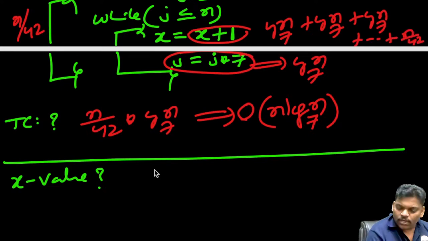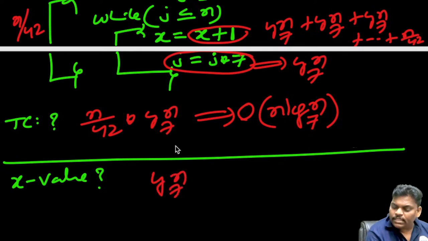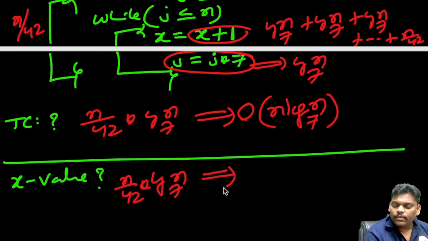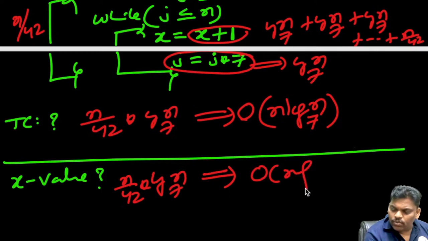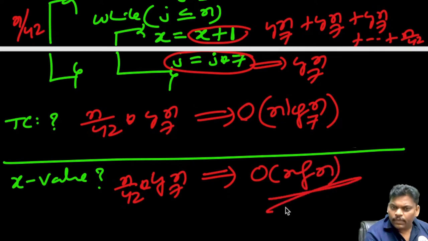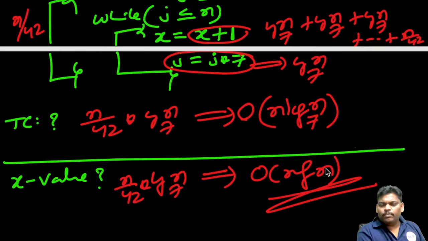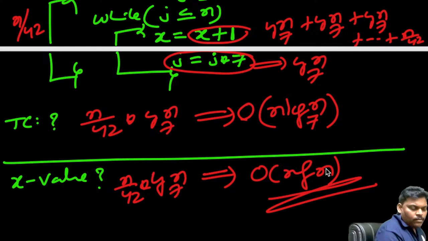So every time x gets log n base 7. N by 42 times n by 42 into log n, which goes to n log n. Please check if I am wrong. Both are n log n.